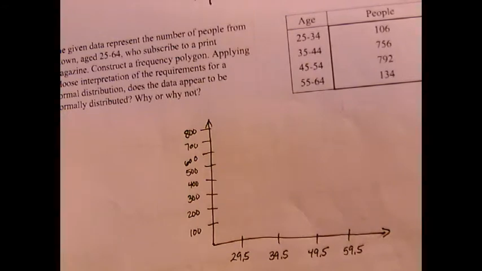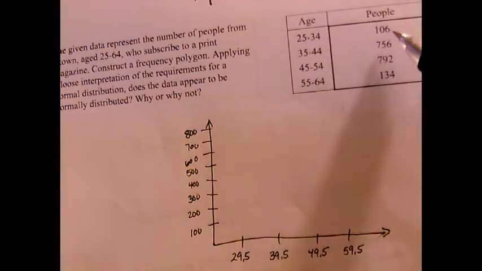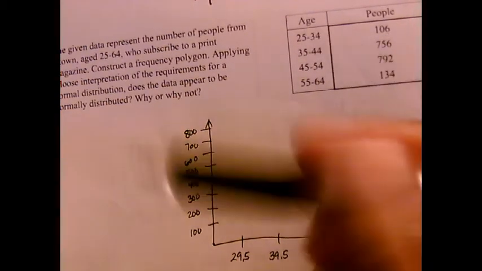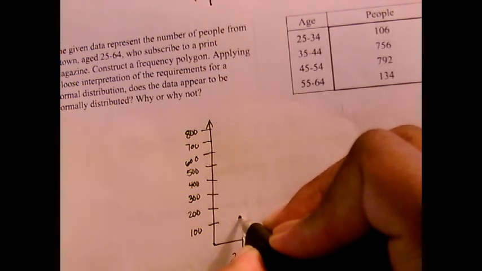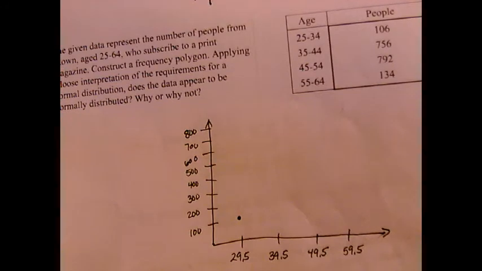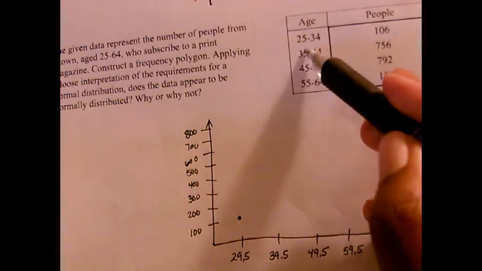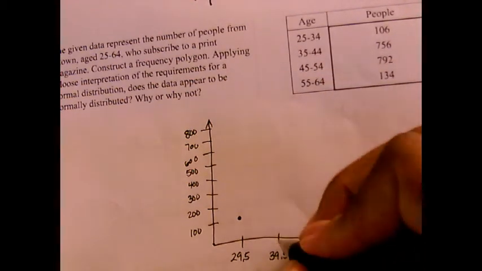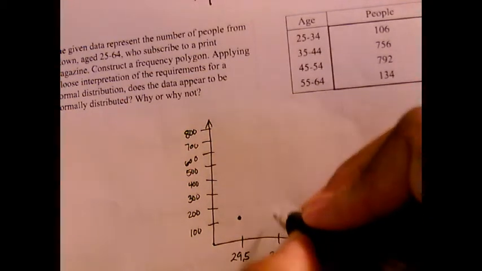Now let's do the frequency polygon. At 29.5, that's your class midpoint for this first class. That number is 106, so we're going to go here and a little bit past 106 and draw the point. And then for the 39.5, that's for the 35 to 44, it's number 756.